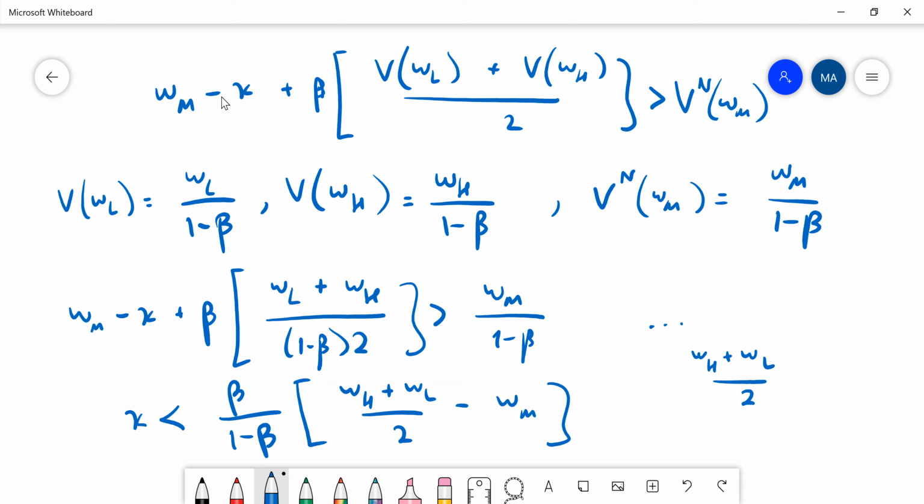So if this is greater than Wm, and given that your discount factor is large, you're gonna search. So if your search cost, given the wage levels in the economy, is sufficiently low, then you're gonna search for a new job, because if you are a medium wage worker, there is a probability that you're gonna find a higher paying job.